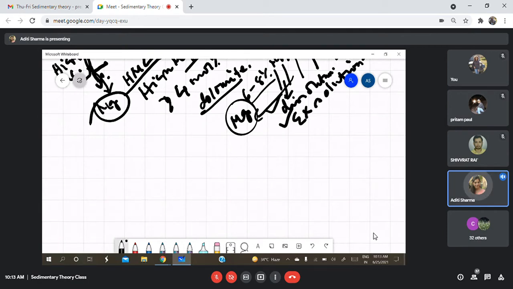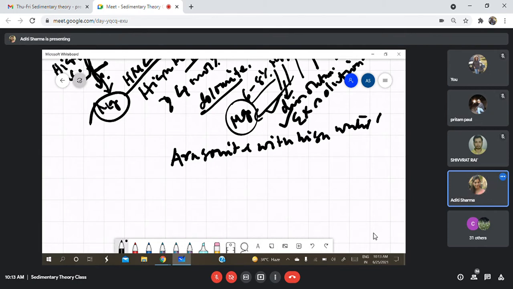Aragonite with high water flow will be completely dissolved and form a mold, and in that mold you will get the large scale LMC spar.